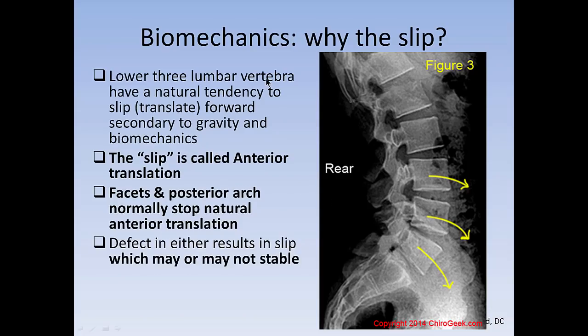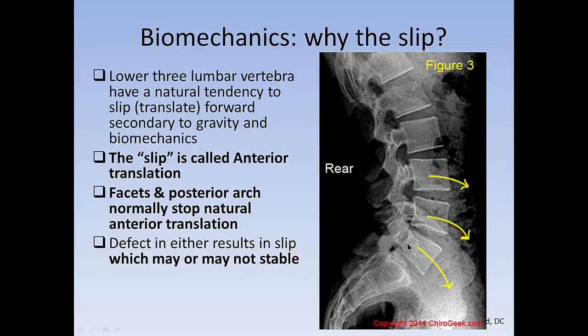So why the slip? Why does the darn thing want to slip anyway? Well, we know that the posterior arch prevents the slip: the facet joints and the posterior arch itself. I didn't talk about this before, but the lower 3 lumbar vertebrae, as well as the upper ones, have a natural tendency to slip, or to want to slide down the hill, like a kid with a sled.